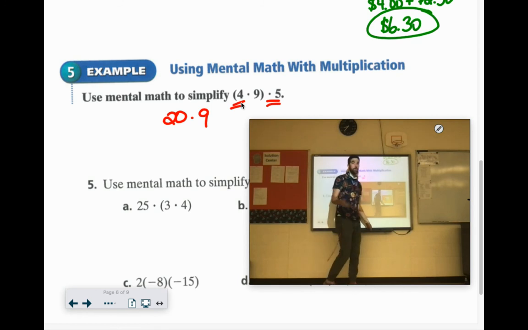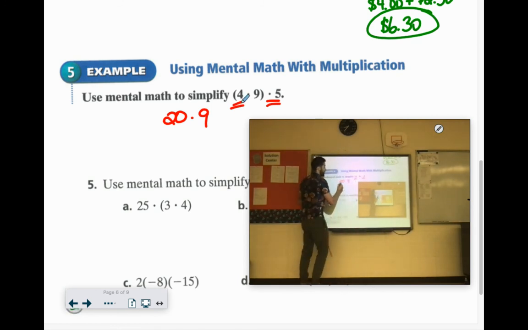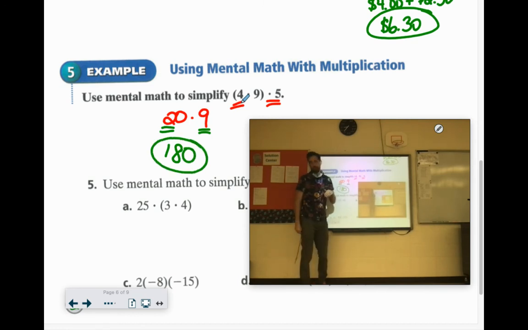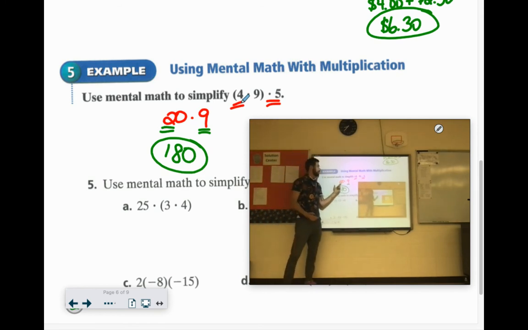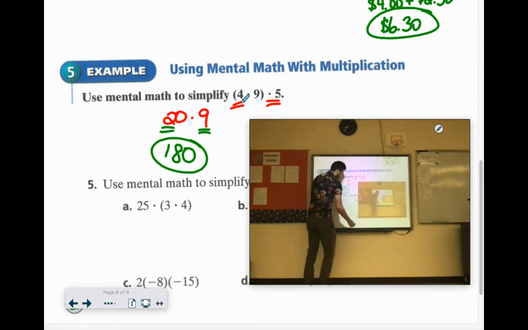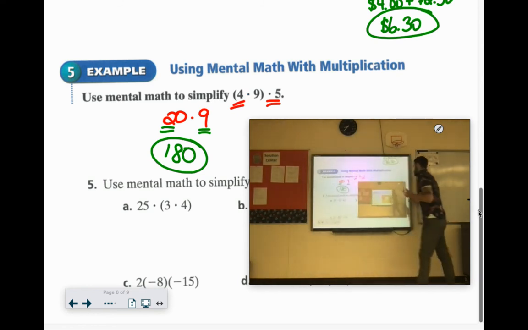And if you're doing 20 times 9, just think of 2 times 9. 2 times 9 is 18. So if you're doing 20 times 9, you'd have 18 plus that extra 0, so 180. When you multiply by 10, you throw a 0 on the end. When you multiply by 20, just multiply by 2 and then throw a 0 on the end. Let's try out some more of those.